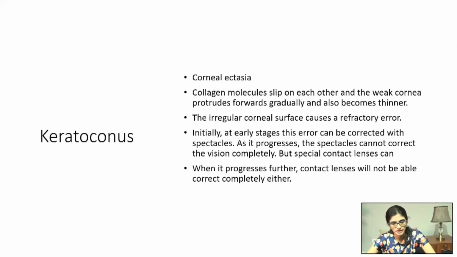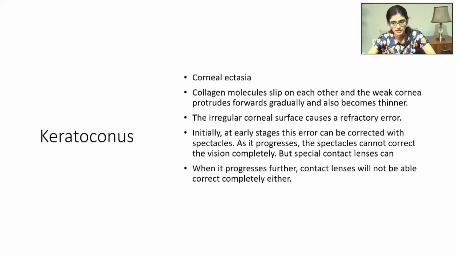Let's talk a bit about keratoconus. Keratoconus is an ectatic disease. Basically the cornea gradually becomes thin. This starts off in young people, generally in their teens, but it can appear in a younger age group as well, maybe 10-year-olds, but generally in the teenage years.